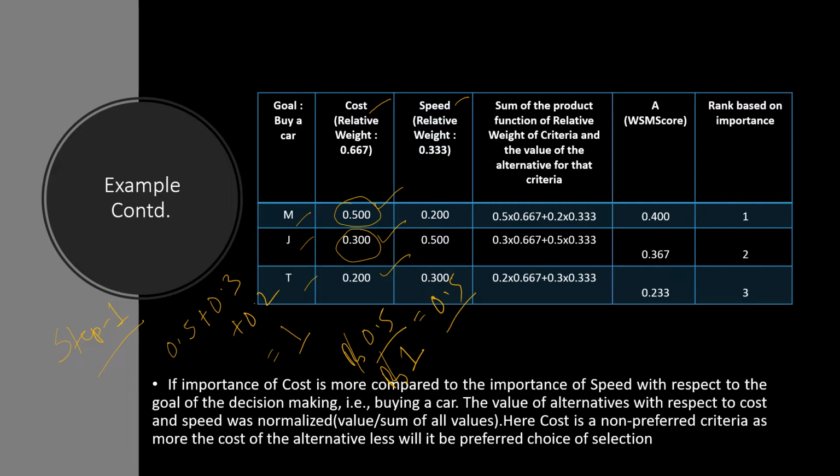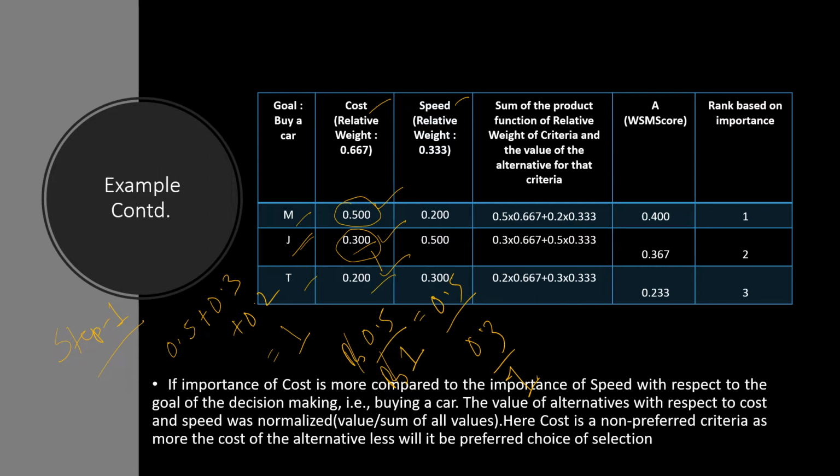So this 0.5 is a unitless magnitude of cost for Mercedes. Similarly, for Jaguar we divided 0.3 by 1, and it is coming as 0.3. The cost of Toyota was normalized the same way.